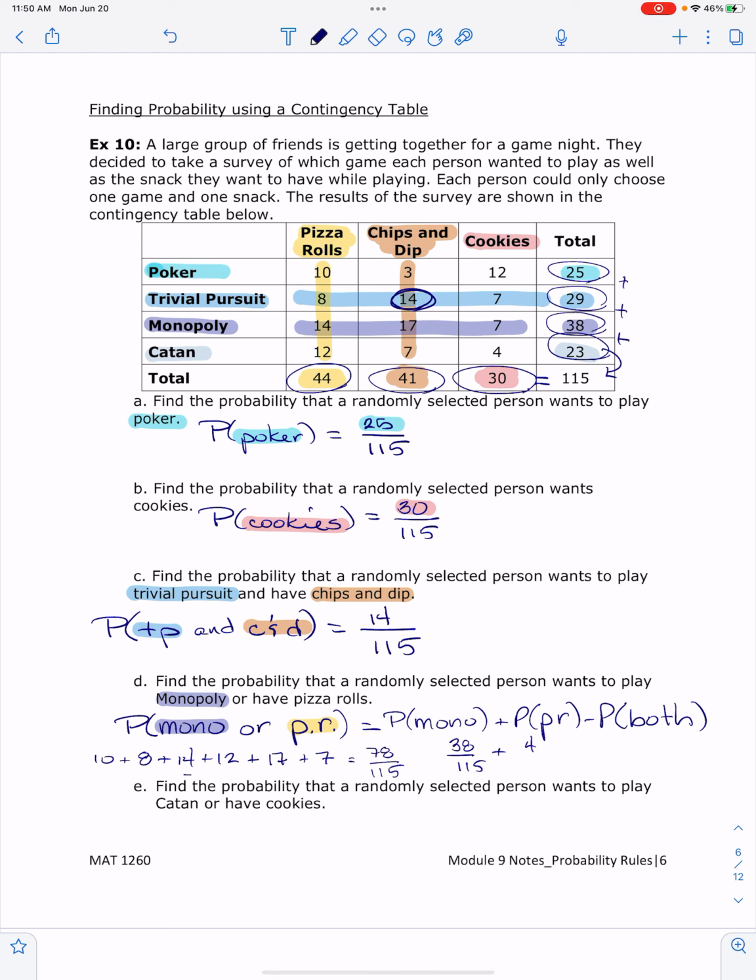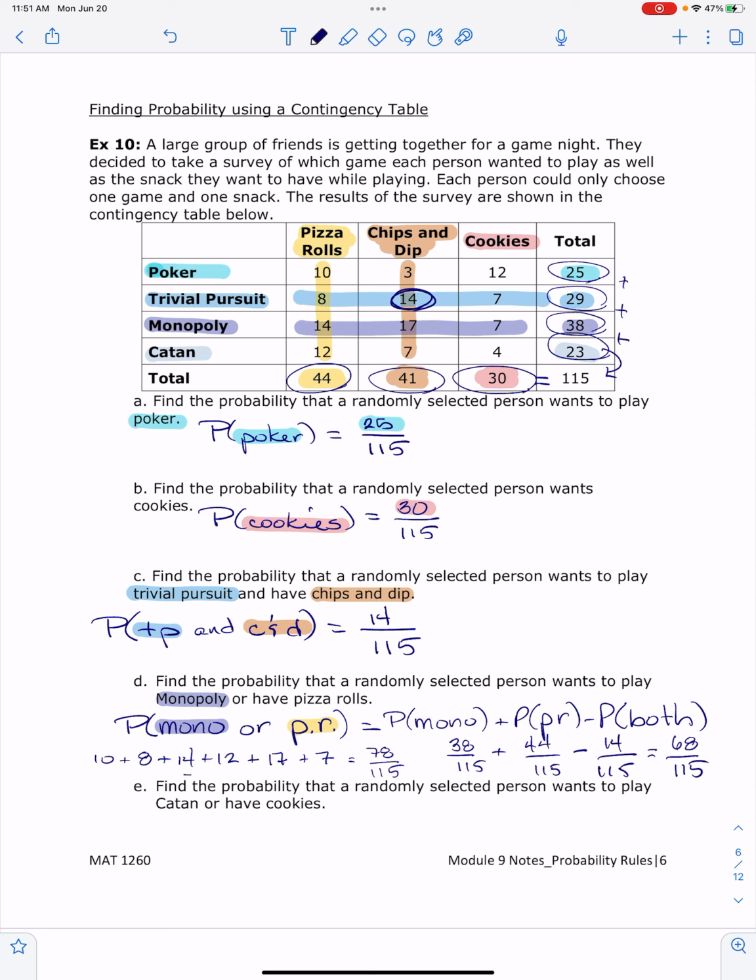Probability they wanted pizza rolls was 44 out of 115. Minus, there are 14 that want to play Monopoly and have pizza rolls. And I get 68 out of 115.